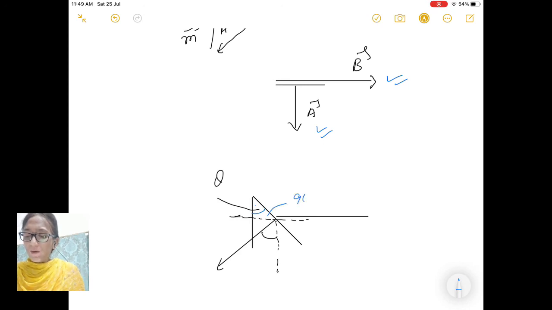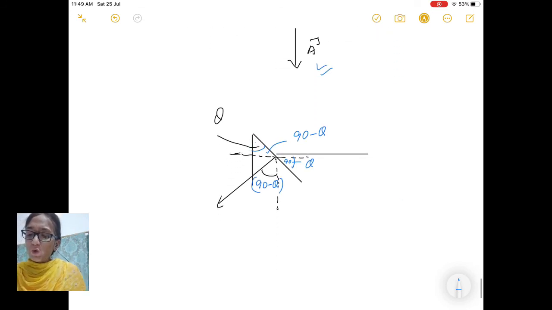This angle will be 90 minus theta, and the vertically opposite angle also will be 90 minus theta. So if the coil is rotated by this angle, 90 minus theta, then its perpendicular will also be rotated by 90 minus theta angle only.